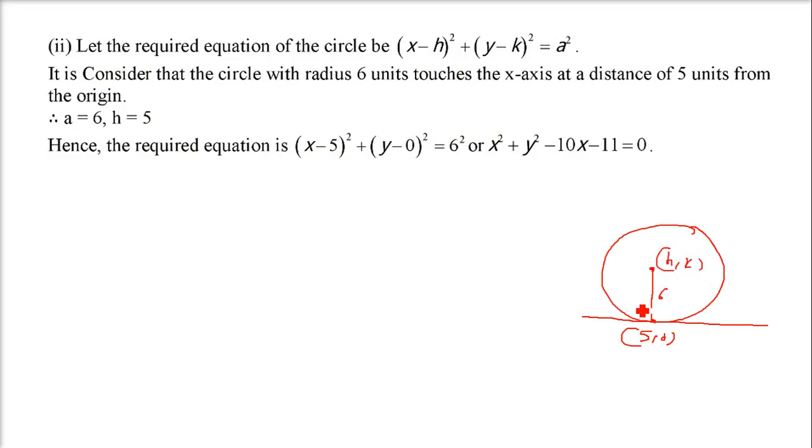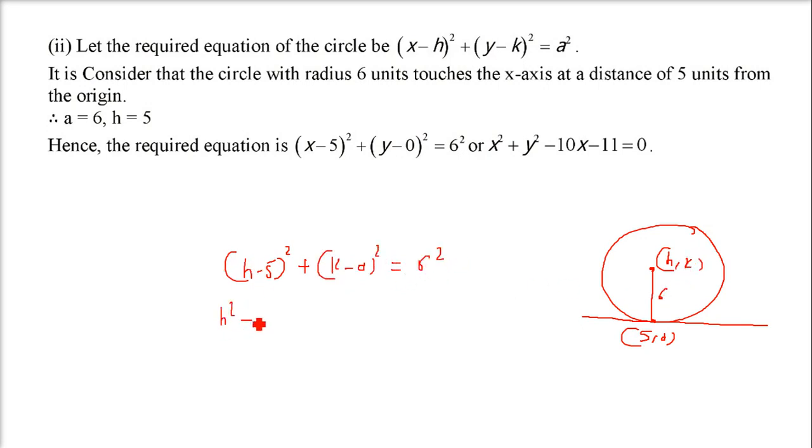And we know the locus of a circle: a circle is the locus of a moving point which is always at some constant distance from a fixed point. So we'll use it here. I'm using the distance formula. So h minus 5 whole square plus k minus 0 whole square is equal to 6 square.